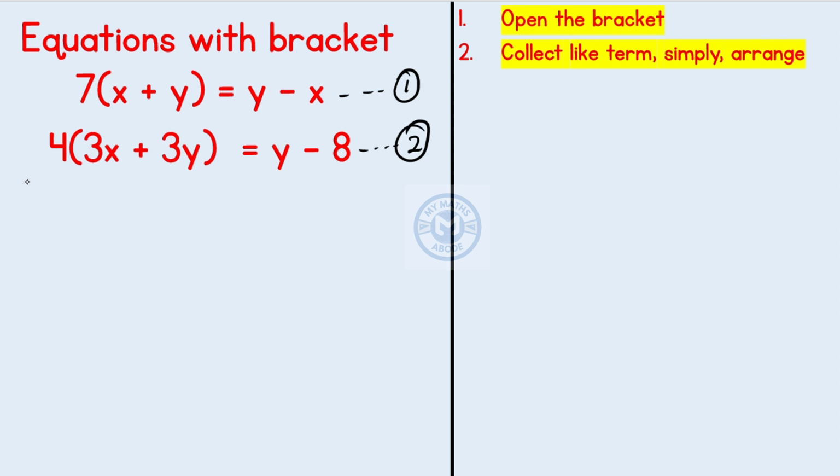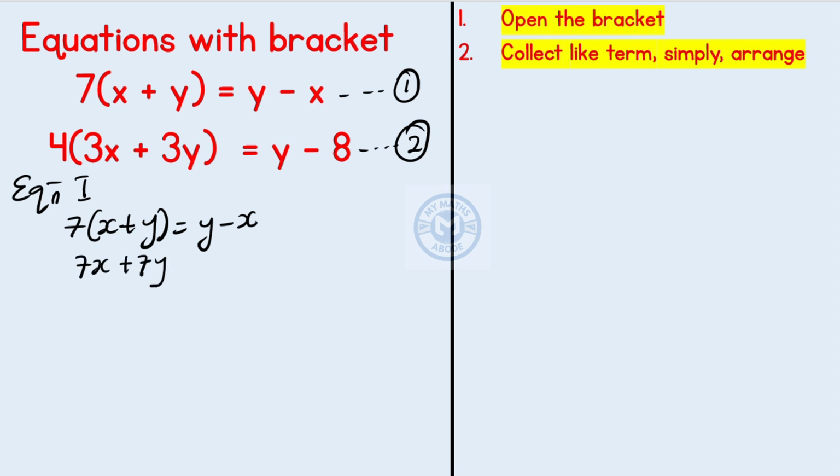So I'm solving equation 1. Let me solve equation 1 first. I'm going to open the bracket, which is 7x plus y is equal to y minus x. So this will give me 7x plus 7y is equal to y minus x.